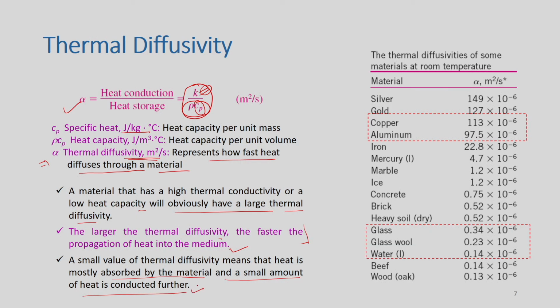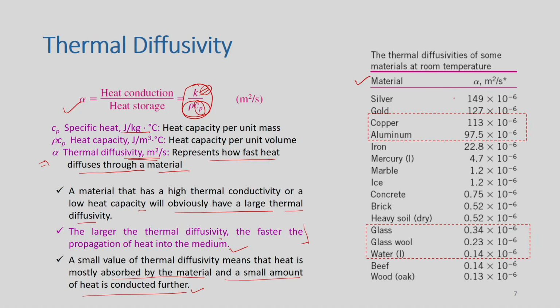So, this parameter is very, very important when selecting a material for thermal collectors, for example for the absorber or maybe the tubes through which heat transfer fluid flows. Once you know the conductivity and heat capacity, from that you can calculate the thermal diffusivity.